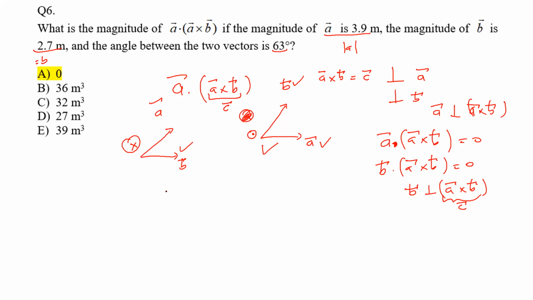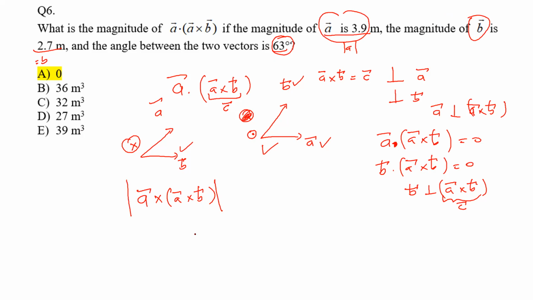Now ask yourself, if I ask you what is the magnitude of A cross B? If the magnitude of A is given, the magnitude of B is given, and the angle between A and B is given, what is the magnitude of this A cross B?